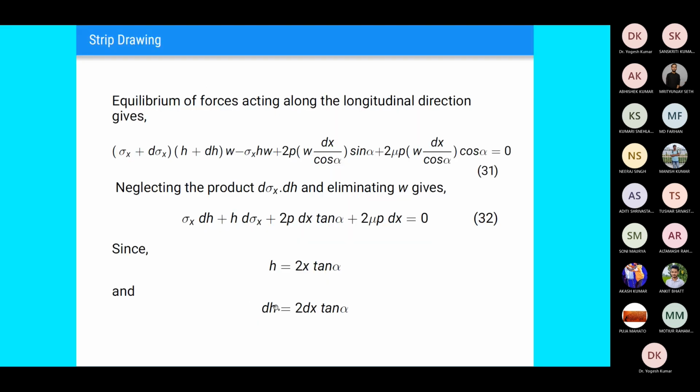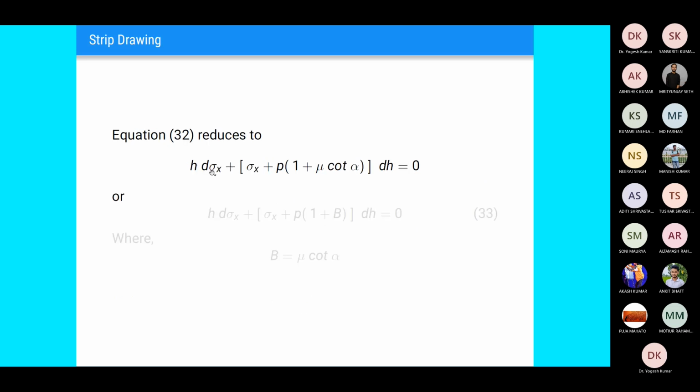And now, since you have got dh equal to 2 dx tan alpha, you will put this value in equation number 32. If you put this value of dh into this equation and simplify it, you will get some expression something like this: h d sigma x plus p (1 plus mu cot alpha) into dh equal to 0.